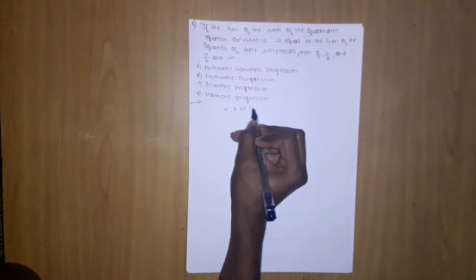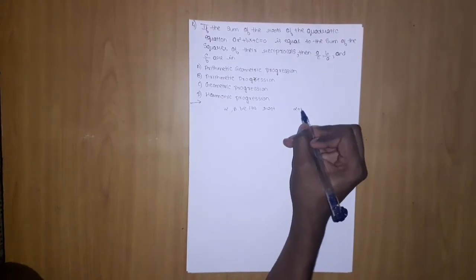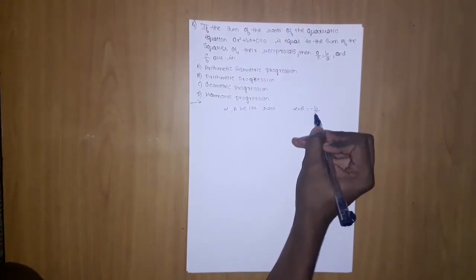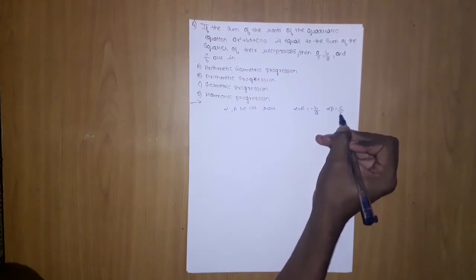Then the sum of the roots will be minus b by a, and the product of the roots will be c by a.